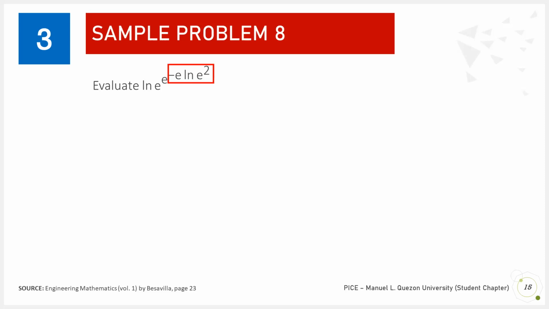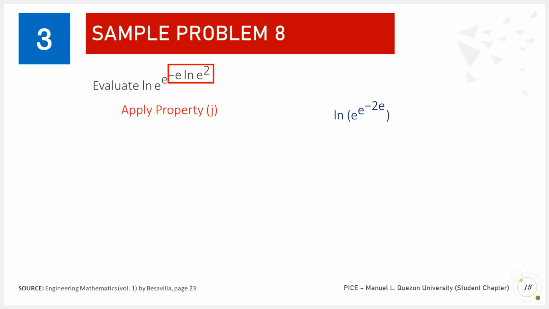And then, ang gagawin natin is we apply property J. So, sa property J, i-bring down natin yung exponent na 2. So, ang mangyayari, we have negative, the natural logarithm of e raised to negative 2e. So, bakit naging negative 2e na lang?